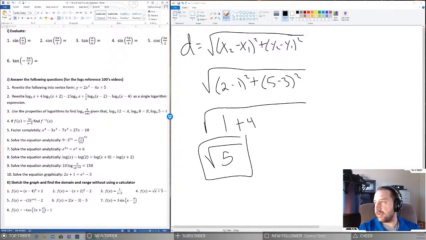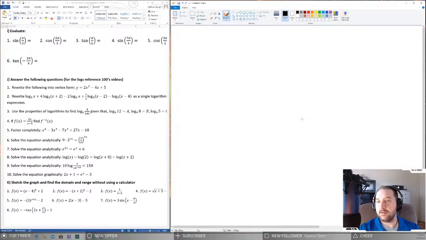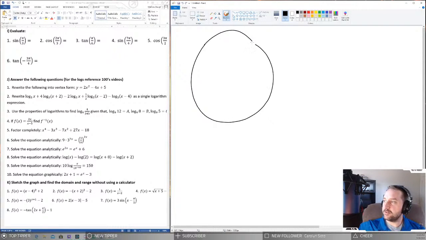Now let's look at I. Sine of pi thirds, and so on, that's all unit circle stuff. Remember we had that memorized and it was great doing those unit circle quizzes. So good. But we still need to know it. So sine of pi thirds on our unit circle, if you need to look up the unit circle, pi thirds, bam.